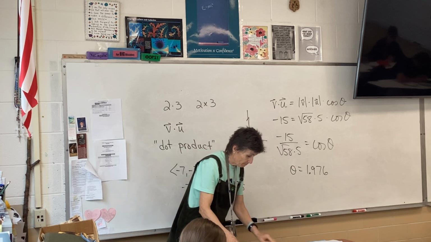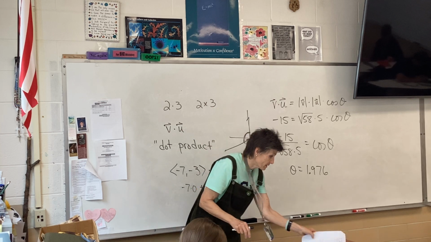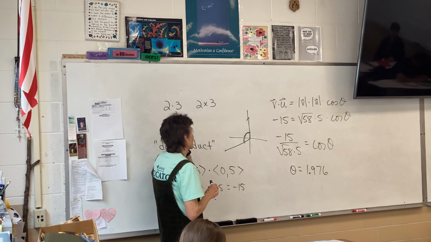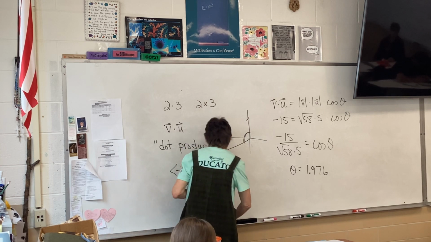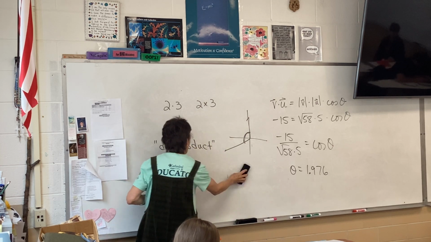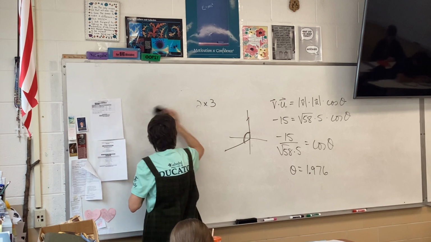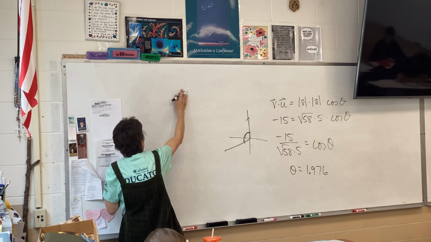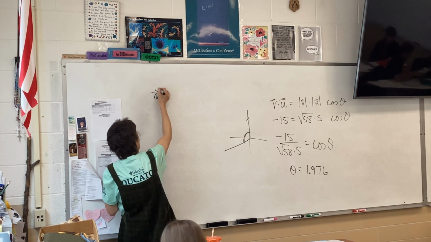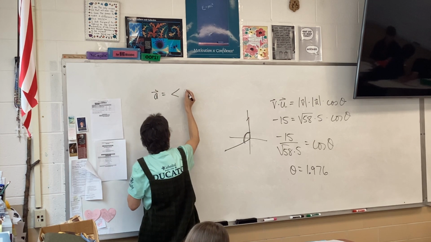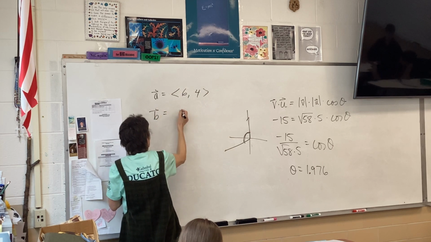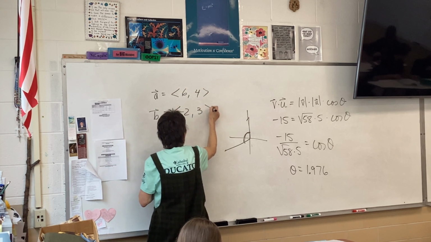All right. Now, before we move on to the next thing, which we're going to be shifting gears, before we do that, I want you to find the angle between these two vectors for me. So this is not on your sheet, so somewhere if you find a place to write this down. Let's say vector A has coordinates 6, 4, and B has coordinates -2, 3.